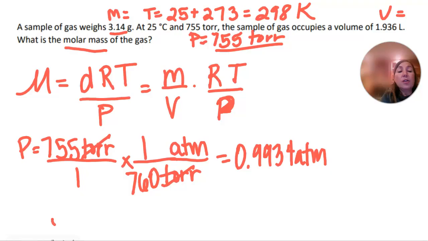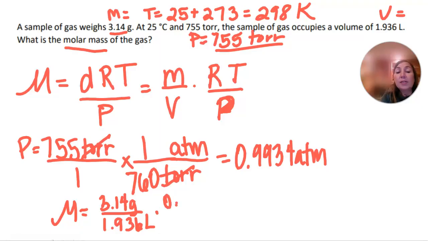Okay, so my molar mass is going to be my mass divided by my volume, so 3.14 grams divided by 1.936 liters, times R, which is 0.0821.